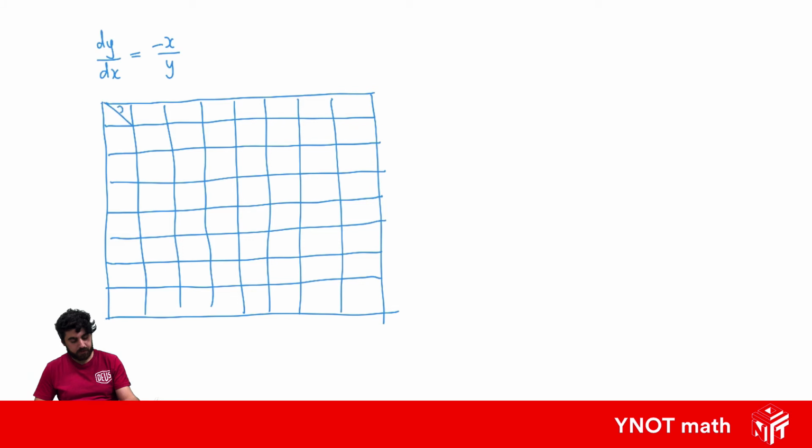So we're going to put our x values across. So -3, -2, -1, 0, 1, 2, and 3. And again, let's go in descending order. So 3, 2, 1, 0, -1, -2, and -3. So we're going to go ahead and sub in values now to fill out our table.